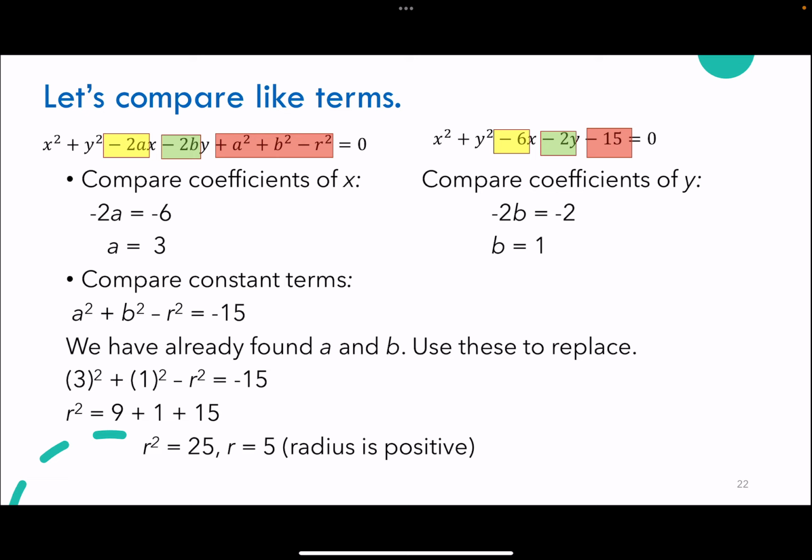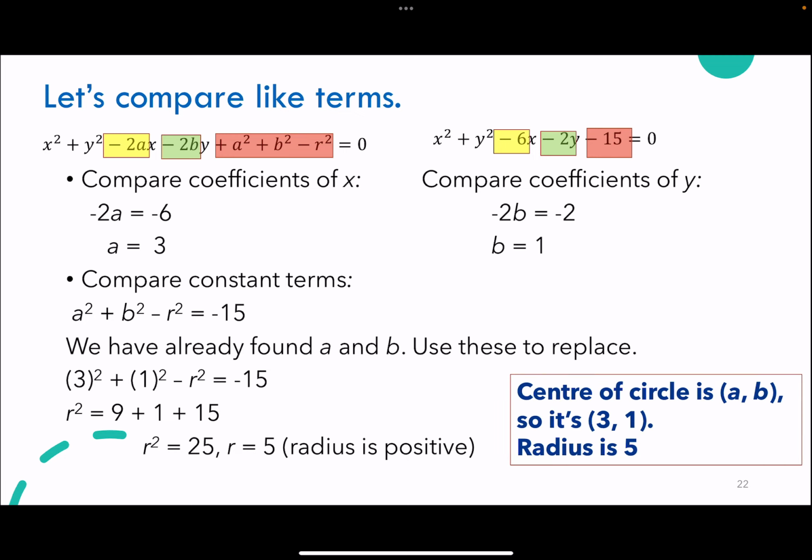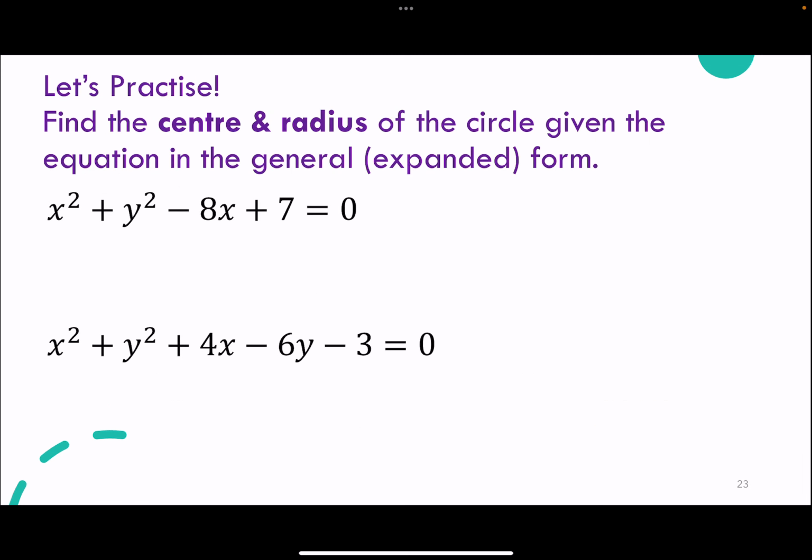Using the a and b that we have found, replacing a with 3 and b with 1, and then making r squared the subject, we'll be able to get r squared equals 25. Taking the square root, we'll get r as 5. Putting it together, the center of the circle is (a, b), so we have (3, 1). The radius is 5 units.